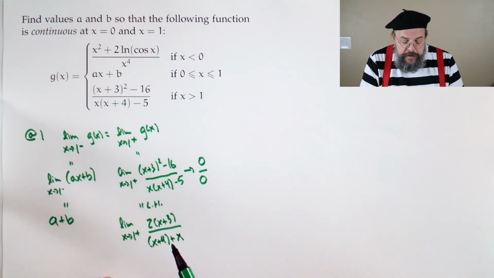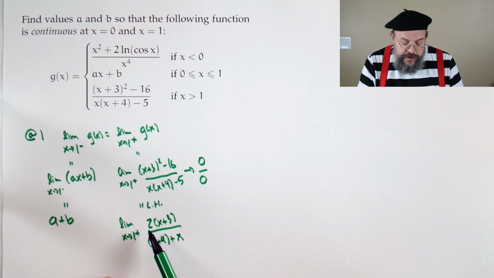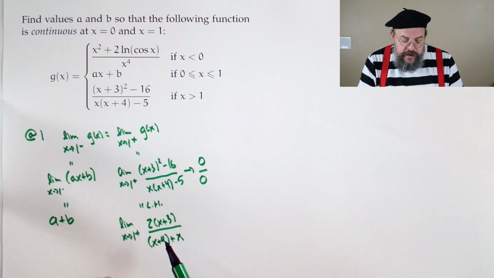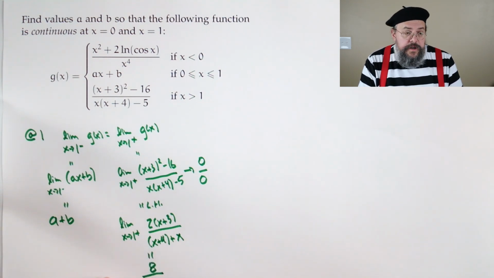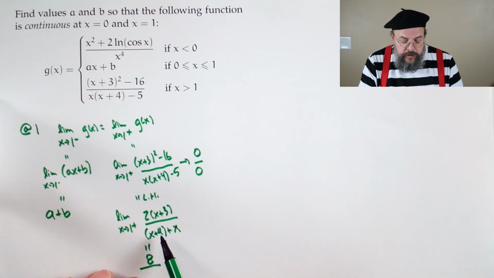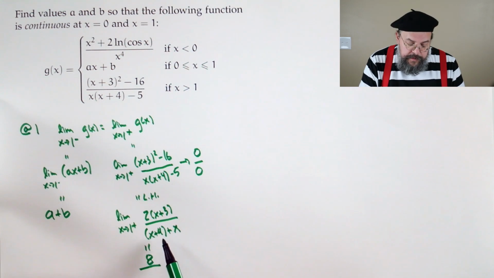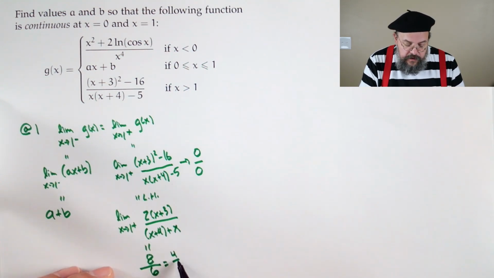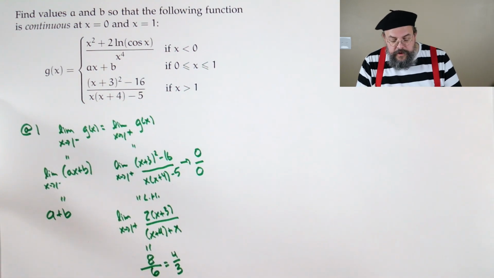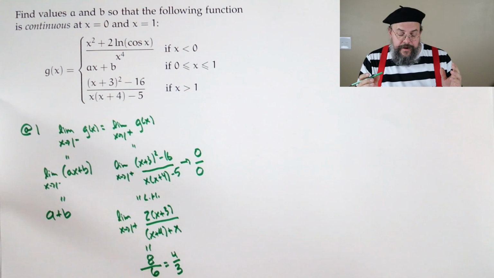What happens here? It's more reasonable. We get 2 times 1 plus 3, which is 8. And downstairs, we get 1 plus 4 plus 1, so that would be 6. 8 over 6, also known as 4 thirds.